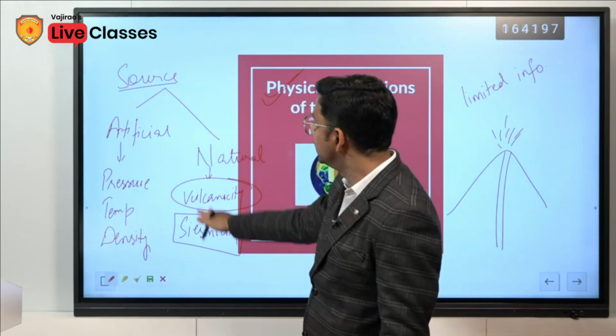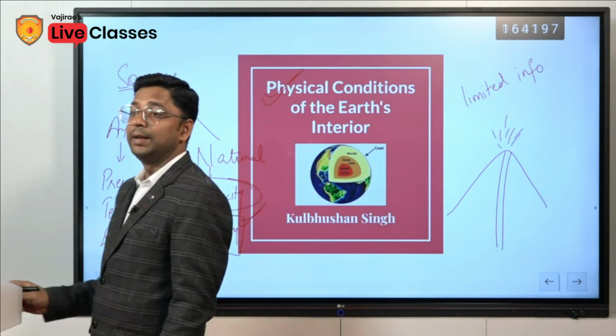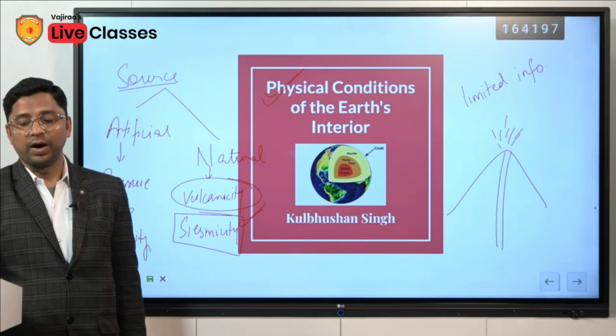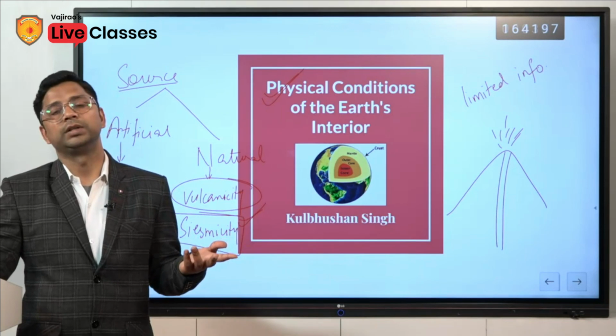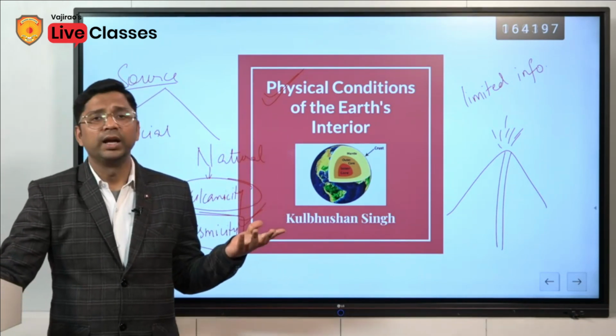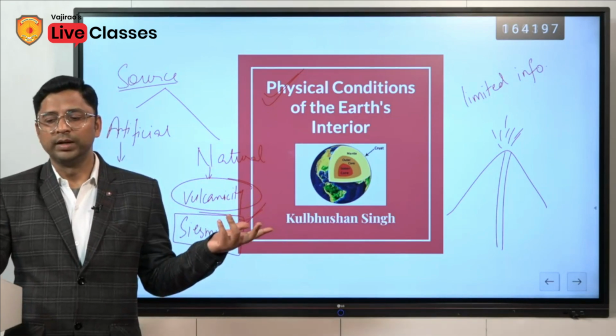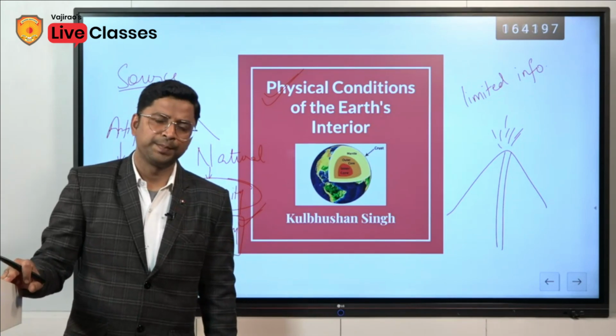Out of all these sources, seismicity helps us know how the Earth's interior looks like, its physical condition. Is it solid, is it liquid, or whatsoever. So it is basically seismicity, by studying the earthquake waves.